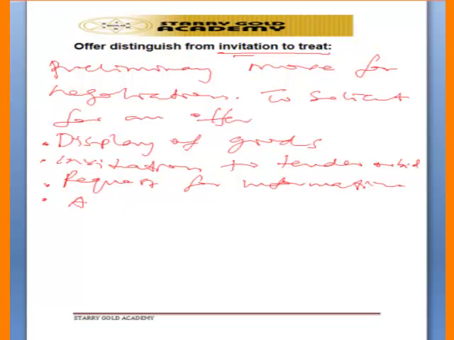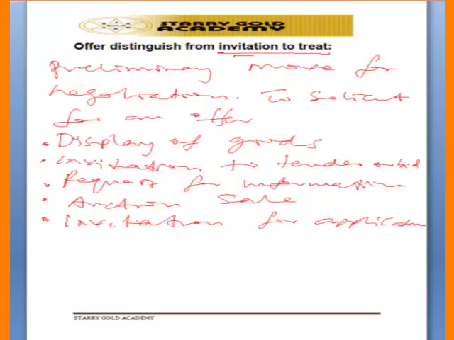Then option C. Then invitation for application. So all these are invitation to treat, is not an offer.